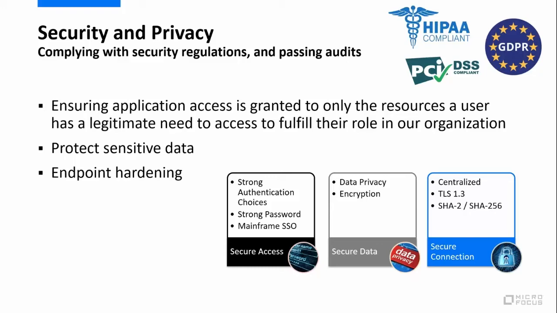So one of the key factors in securing data and the application that holds that data is making sure that only the people who have a legitimate need to access an application or that data have the right to get there. And then on top of that, we need to make sure that they can only see the sensitive data that they have a legitimate need to see.